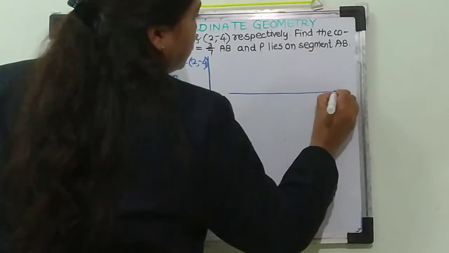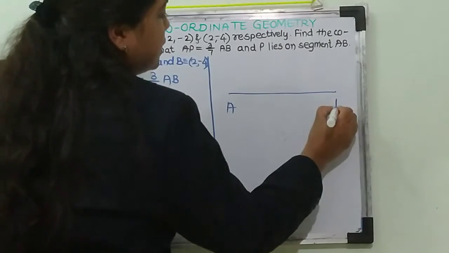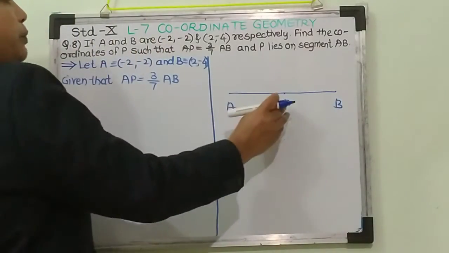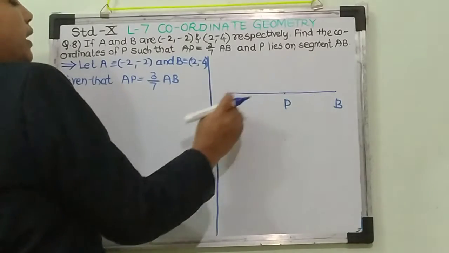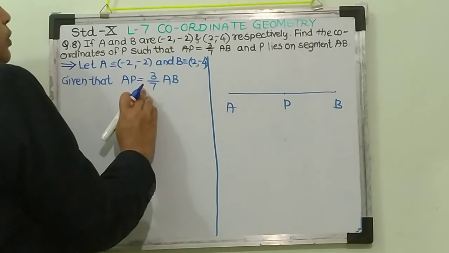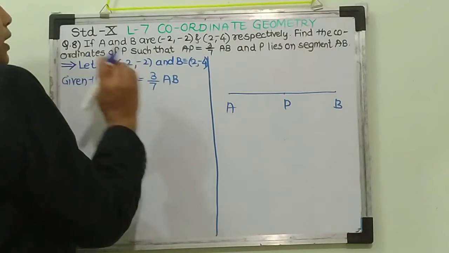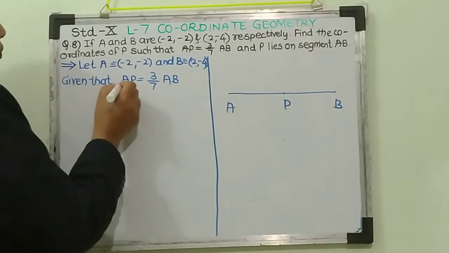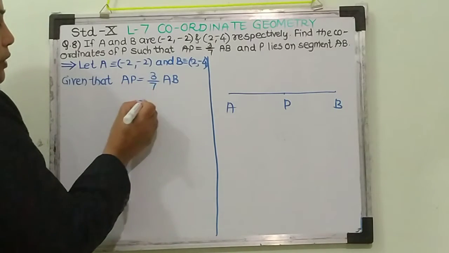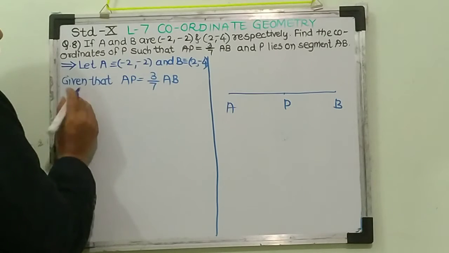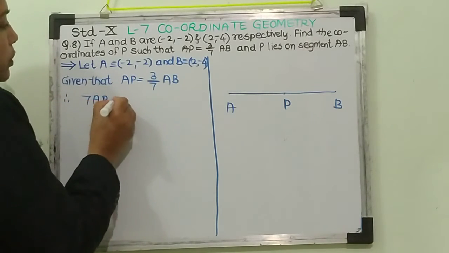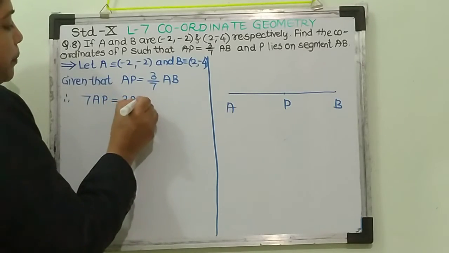Here I will show you that AB is a line segment on which point P is there, and this point P divides AB. We are given that AP equals 3/7 AB. So 7 is at the denominator, so it will come to this side and become multiplied. So 7AP equals 3AB.